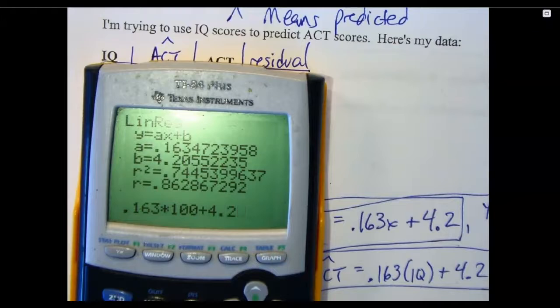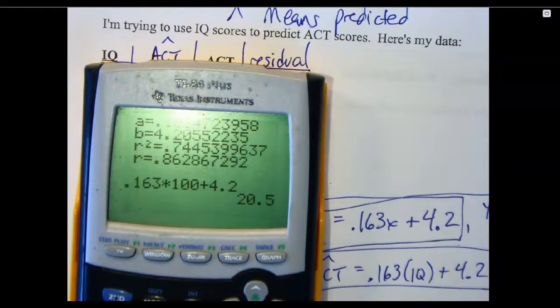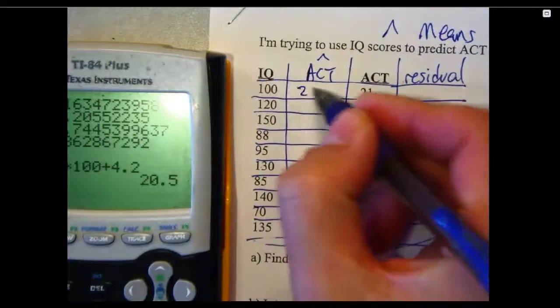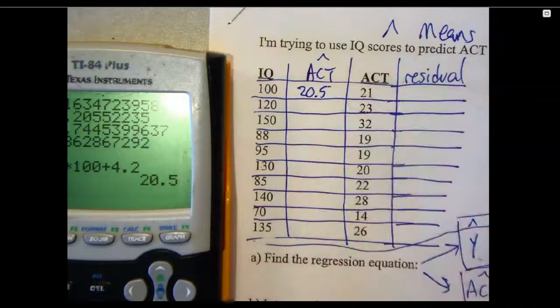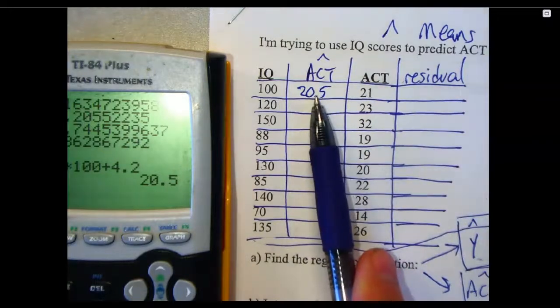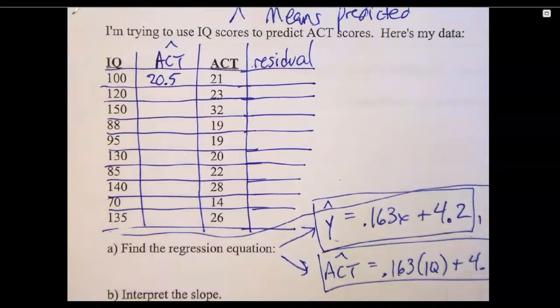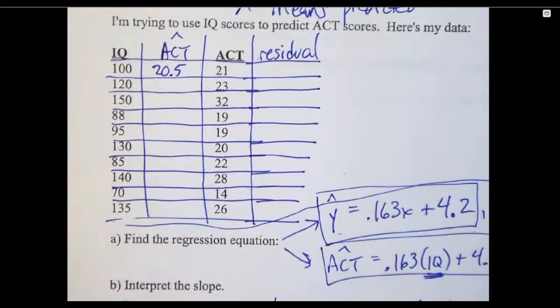I'm just plugging their IQ into my equation. I get 20.5. That's what the equation would have predicted that person would get. 100 IQ would predict an ACT score of 20.5. And all I'm doing there is plugging this 100 into IQ in our predictor equation.